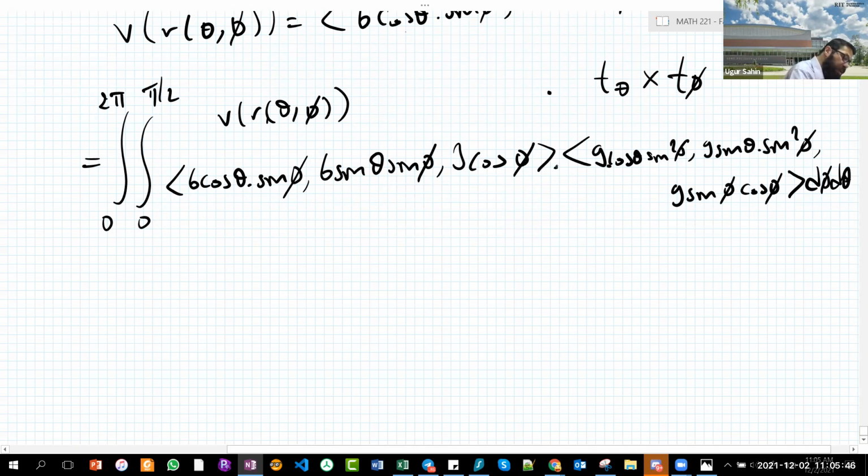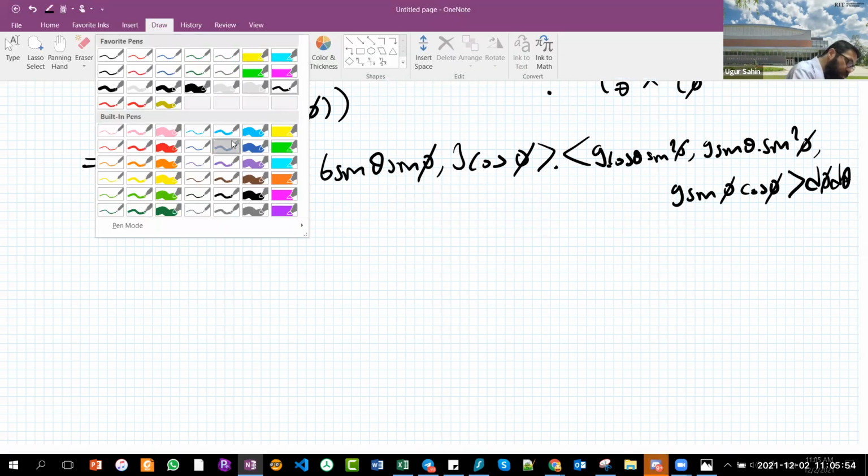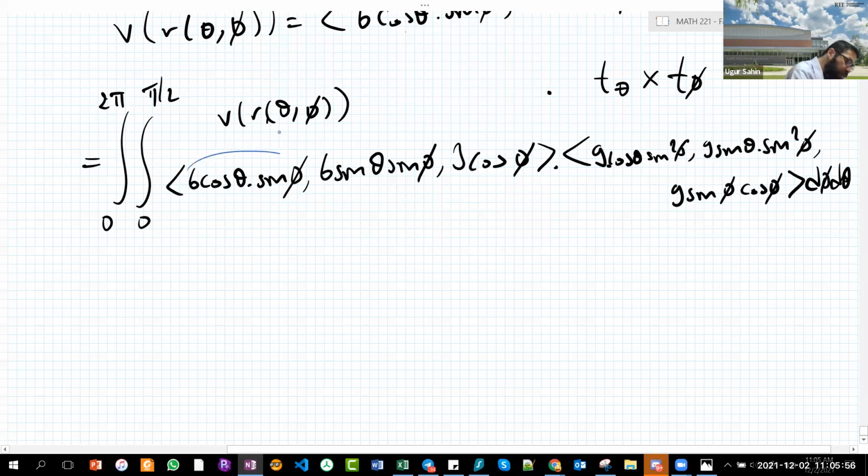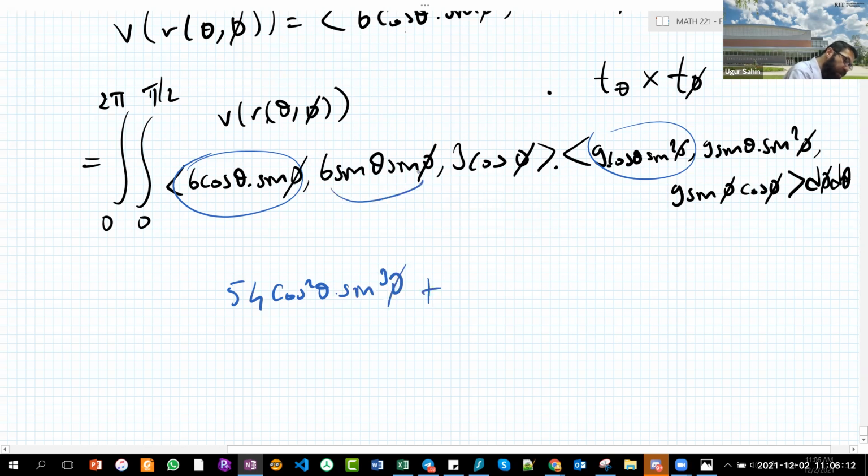As you see, this is the dot product. I need to multiply these two vectors component by component, this component by this component. Look at this, 54 cosine squared theta times sine cubed phi, plus, if you multiply this by this, you are going to get the same term, sine squared theta, except this term, sine cubed phi.